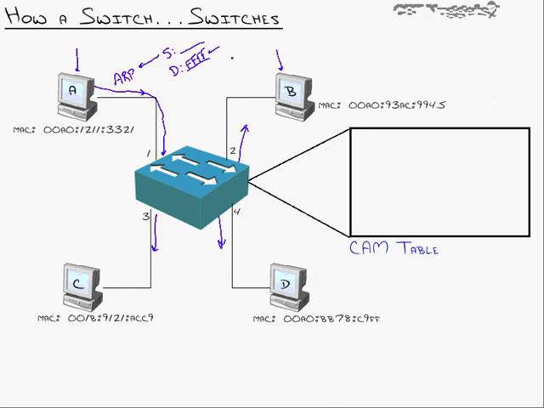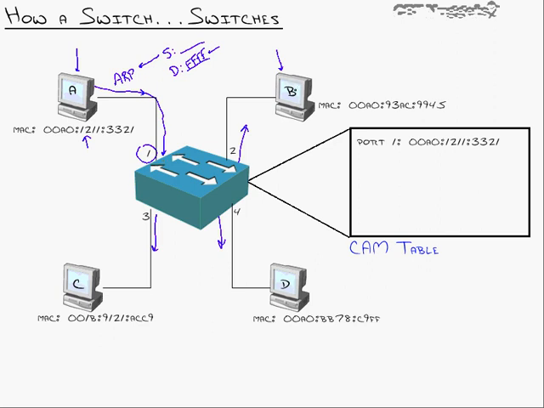In hexadecimal, it's everything turned on, all Fs. But when it saw the source MAC address come in port 1 from PC A, this MAC address right there, the switch suddenly became smarter. Boing. Port 1, it said, aha, I've learned who you are, PC A. I've seen that the MAC address 00A0121113321 is located out my port number 1 right here. The switch just became one MAC address more intelligent.